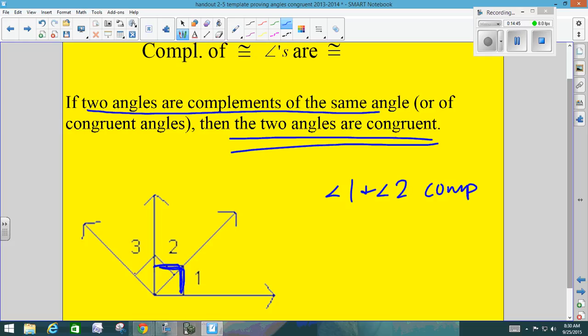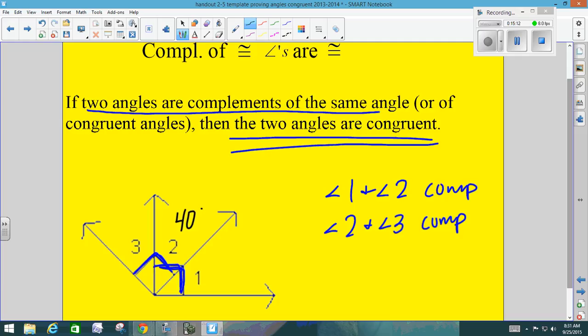And then I have another right angle symbol. Which 2 make up that guy? So if I have 2 angles, 1 and 3, complementary to the same angle, 2, then what do we know about 1 and 3? They have to be congruent. Let's pretend that angle 2 is 40 degrees. If 2 is 40 degrees, what's 1 have to be? Why?